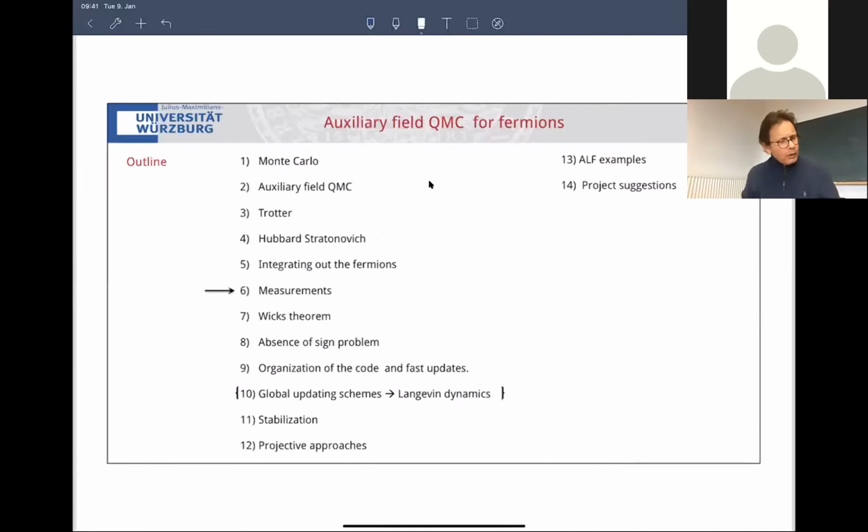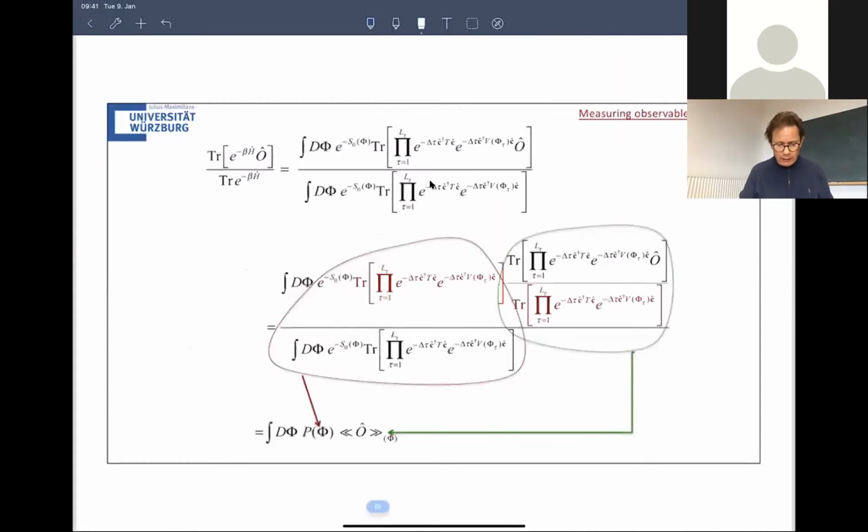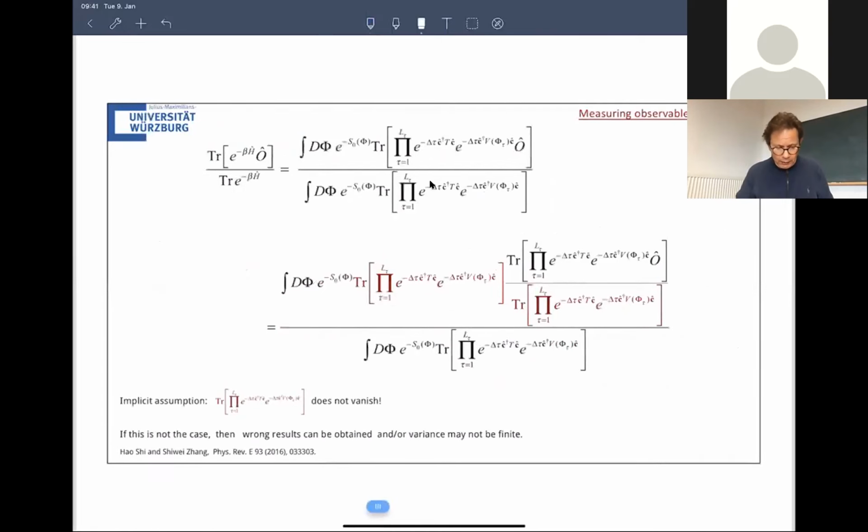Good. So let me go on with measurements. We formulated everything in a form which we can, in principle, sample. Now we would like to measure things. So here it is.